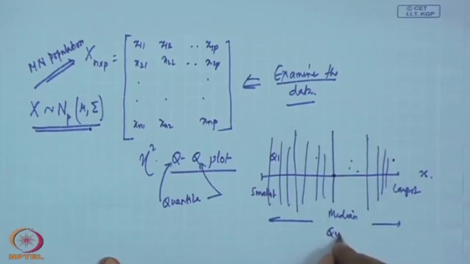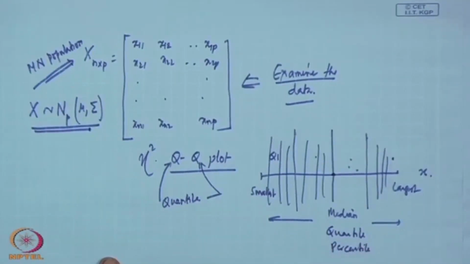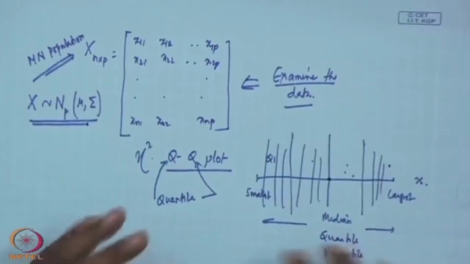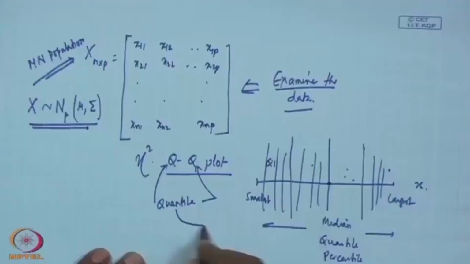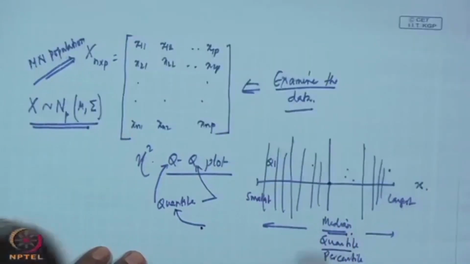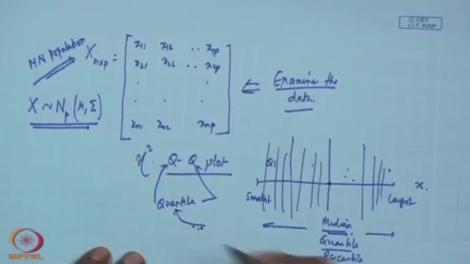So, median, then quartile, then percentile. Suppose I do not want median or quartile, I want to partition the total data set into n parts. Then what name will you give? You have to have some name, that is quantile. That means if you partition the data into 2 parts, the median, that is also a quantile, the general name. Quartile is also a quantile, percentile is also a quantile, and if you partition into even more or fewer parts than 100, that is also a quantile.